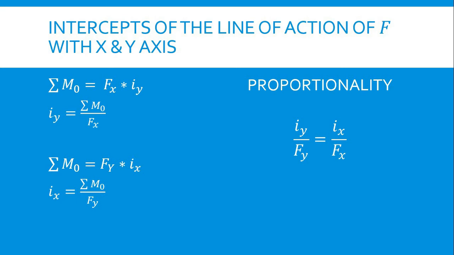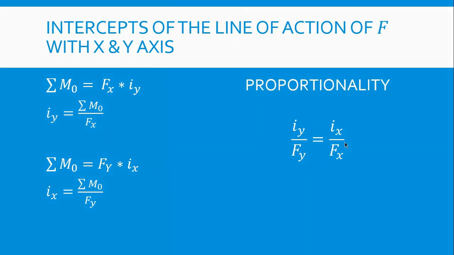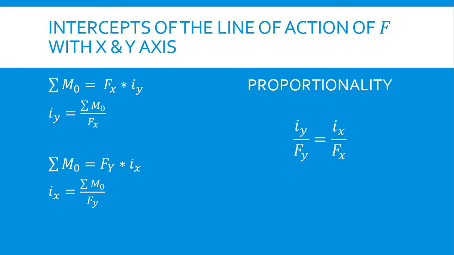Summation of moments is equal to Fy multiplied by Ix, so Ix is equal to the summation of moments over Fy. To get the proportionality, Iy over Fy is equal to Ix over Fx. Take note that Ix is the x-intercept and Iy is the y-intercept.